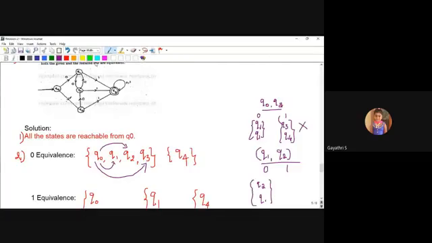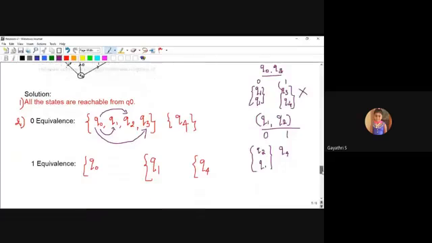Q1 on 1 goes to Q4. Q2 on 1 goes to Q4. Based on the previous 0 equivalence, Q2 and Q1 are in the same group, and Q4 and Q4 are also in the same group.